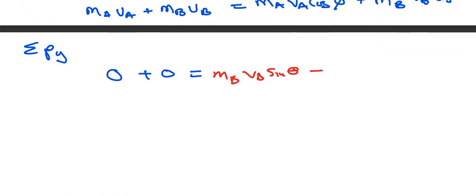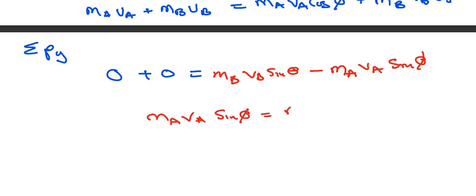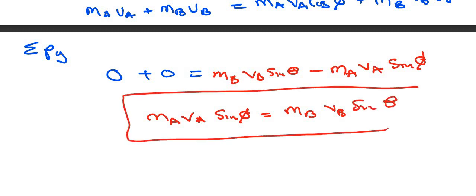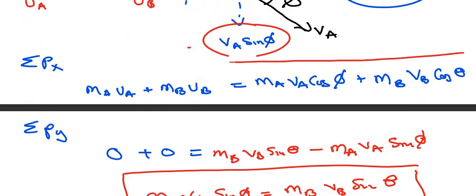So the momentum here is negative: MA VA sine phi. But then we can make these equal by writing MA VA sine phi equal to MB VB sine theta. So this is the equation in the y-axis. Then this is the equation in the x-axis.